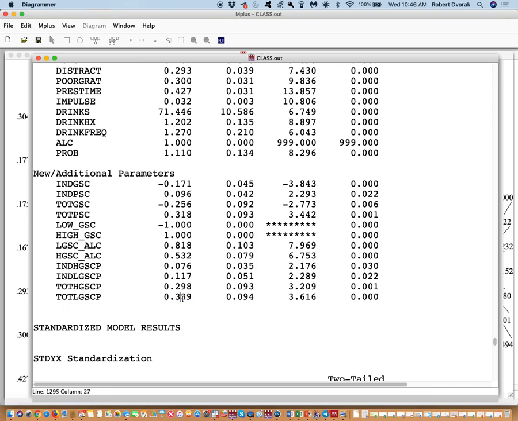So you can see that good self-control is serving as a protective factor, reducing, A, the relationship between alcohol use and problems, and B, diminishing the indirect and total effects of poor self-control predicting problems because of the changing relationship between alcohol use and problems. Does that make sense? Who is lost right now?